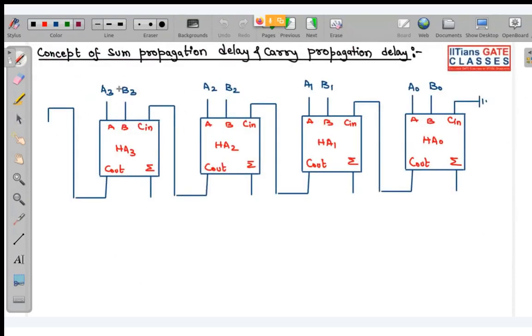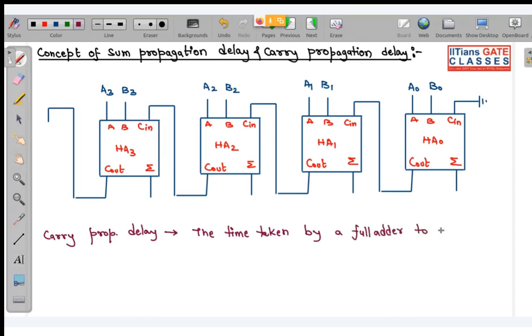Carry propagation delay means the time taken by a full adder to produce carry in your ripple carry adder.